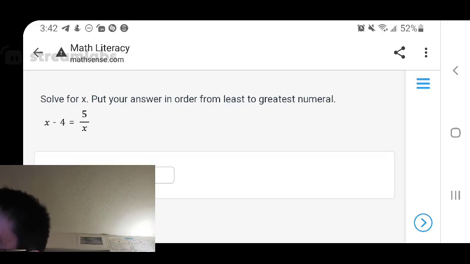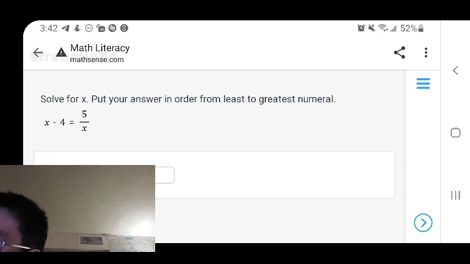X minus 1 plus 5 should work. X squared minus 5x plus 1x. Yeah. X plus 1 equals 0. So x is negative 1. X minus 5 is 0. X equals 5.